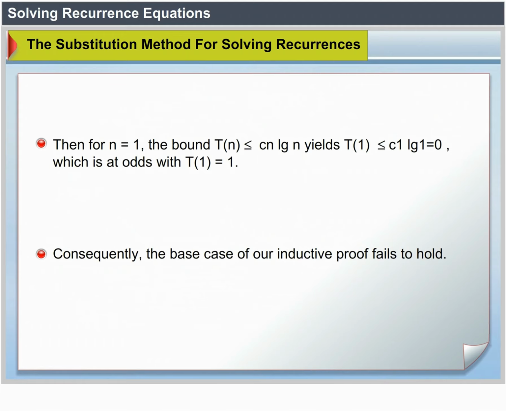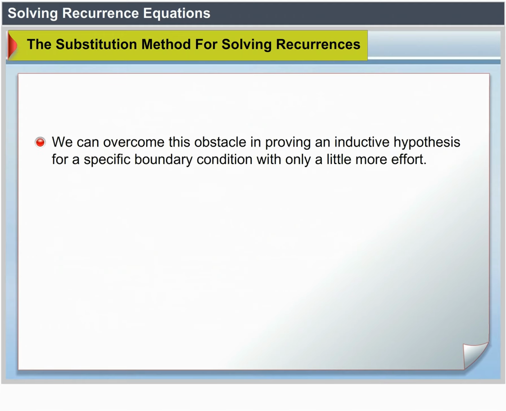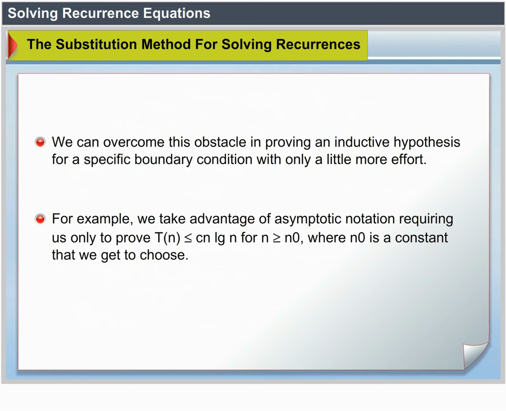We can overcome this obstacle in proving an inductive hypothesis for a specific boundary condition with only a little more effort. For example, we take advantage of asymptotic notation, requiring us only to prove T(n) ≤ Cn log n for n ≥ n0, where n0 is a constant that we get to choose.